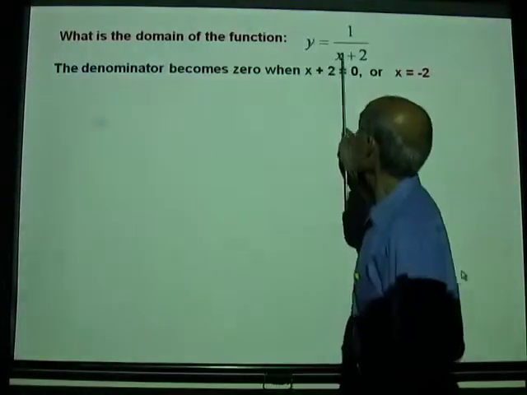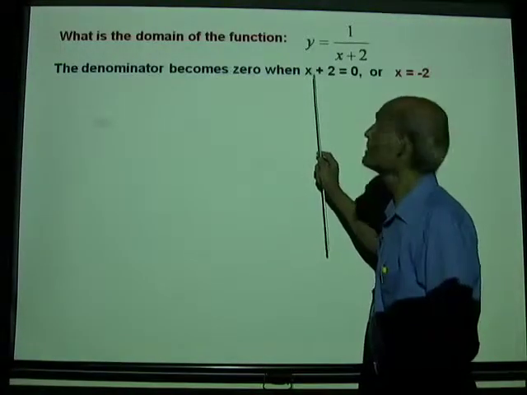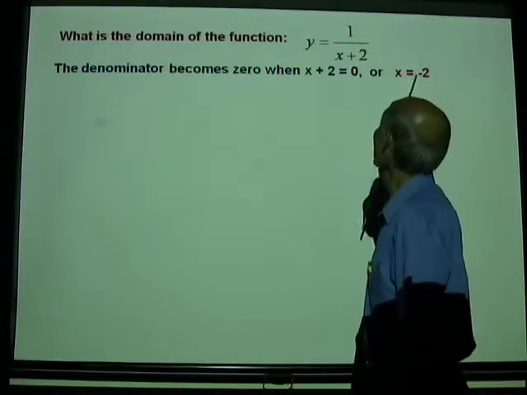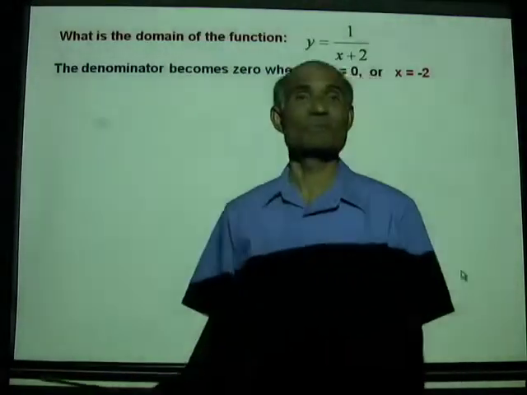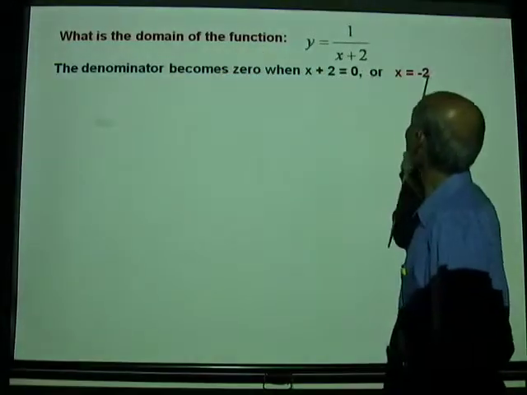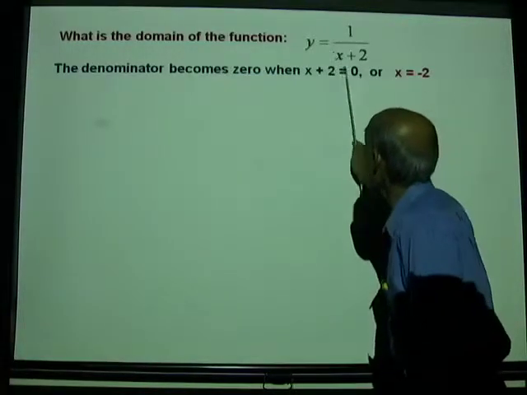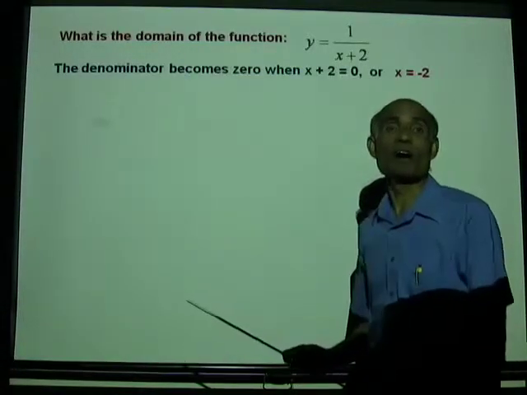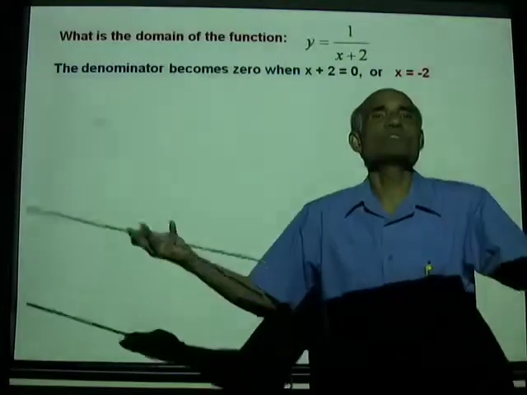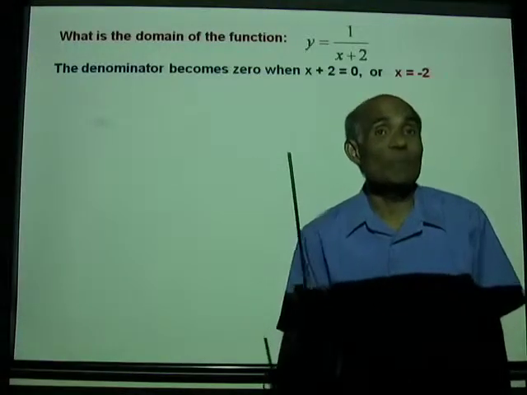Now, what is the value of x that will make x plus 2 equal to 0? If x plus 2 has to be equal to 0, then x equal to -2. What it means is, when the input x equal to -2, the denominator becomes 0, and the output is 1 over 0, and 1 over 0 has no meaning, and therefore it cannot be.